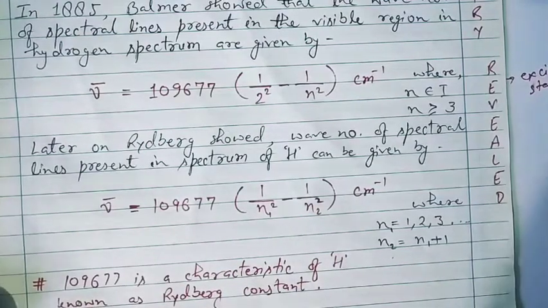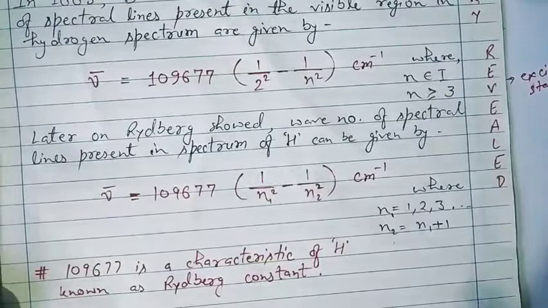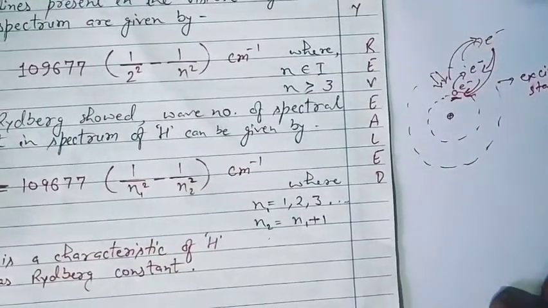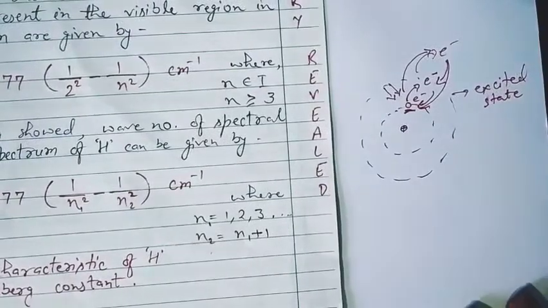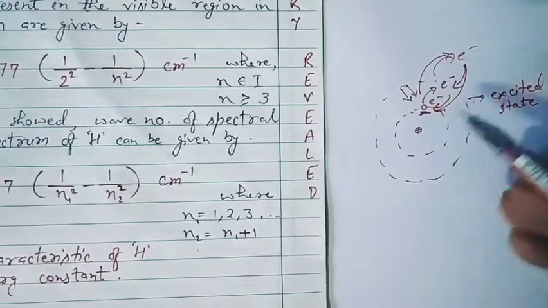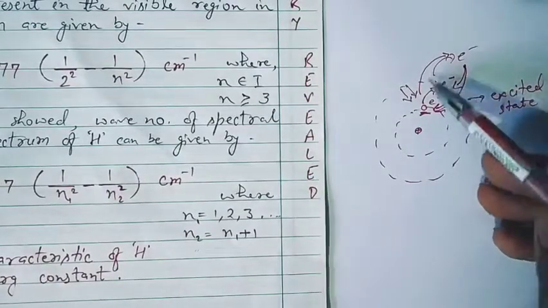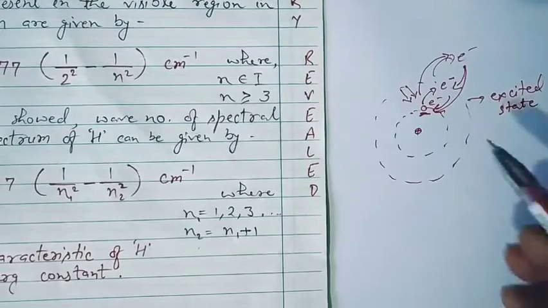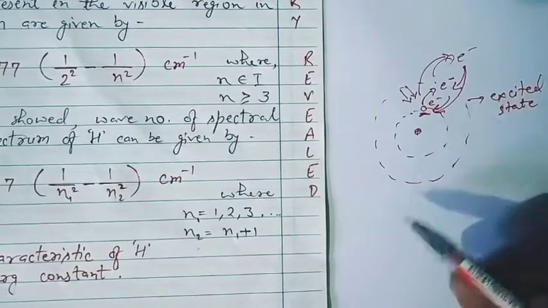On the basis of these spectra you can easily understand this. When energy was given to the hydrogen atom, electrons went to excited states and came back. On this basis, Rutherford's theory got discarded.